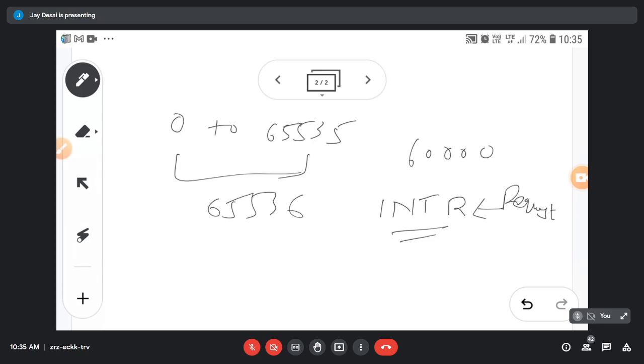For that finding of the service code, what does the processor have to do? Processor has to scan the locations starting from 0 to 65536 to find that particular code.